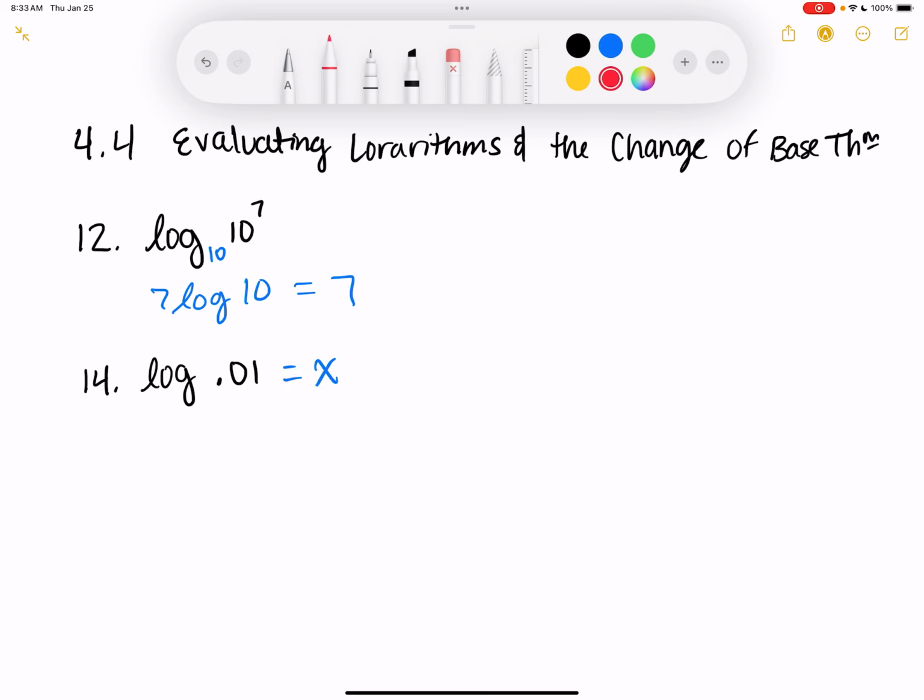And we have a log, so we can use our e to solve it and do 10 to the x is equal to 0.01, and then think about how to rewrite that so that those are equal. But you may or may not know that right off the top of your head. So if you get out your calculator, I'm going to show you how to just type it into your calculator instead to solve it.